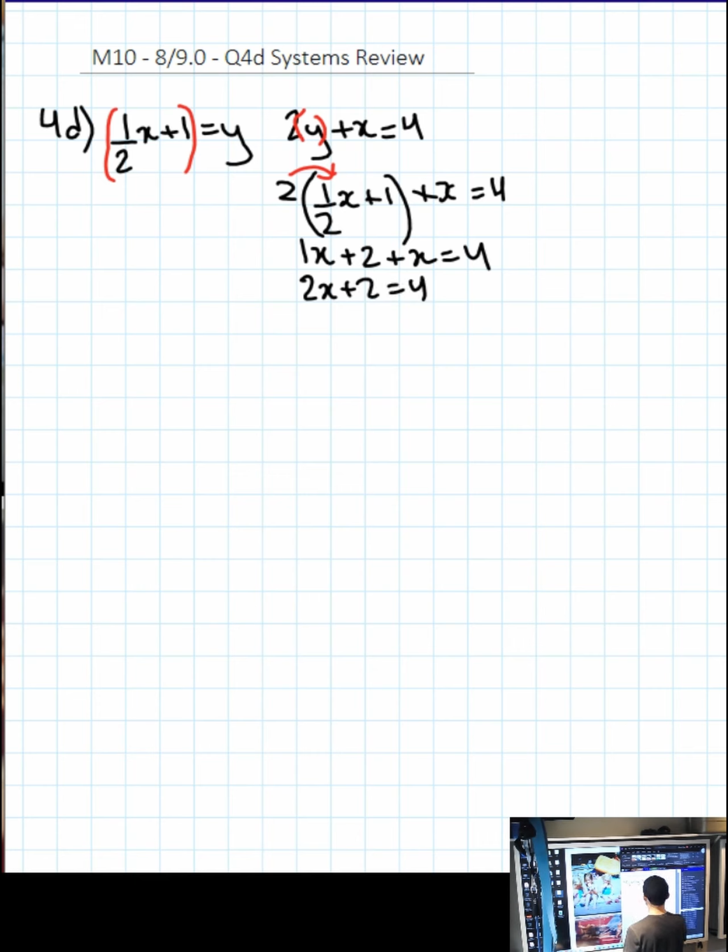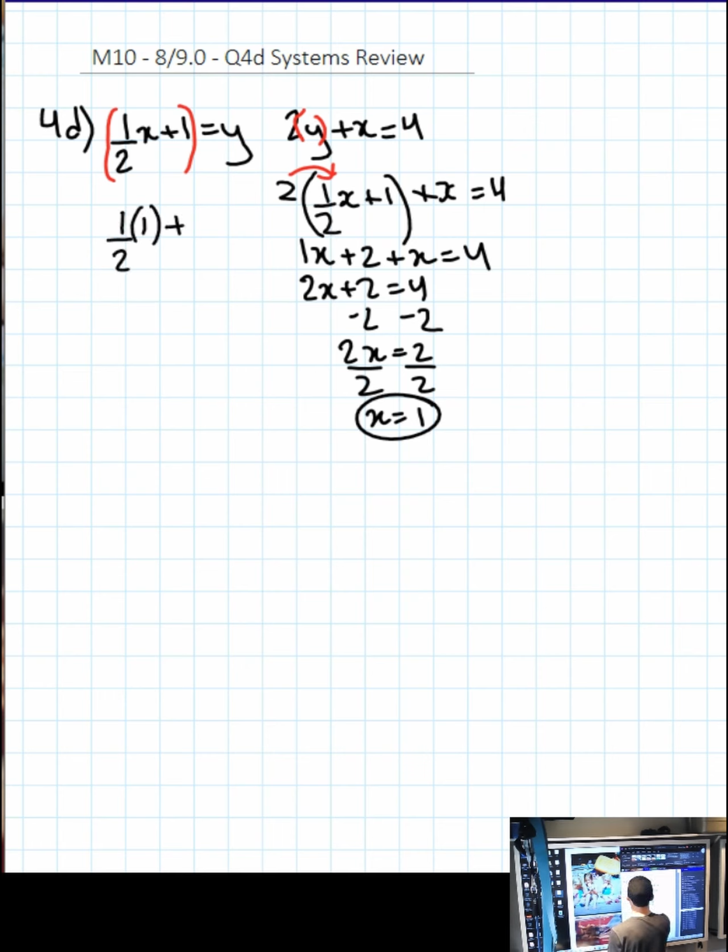We can subtract 2 from both sides. 2x equals 2. Divide both sides by 2. X equals 1. Then we can take 1 and put it into the other equation. So, skipping a couple lines, 1 over 2 times 1 plus 1 equals y. 1/2 times 1 is 1/2 plus 1 equals y.